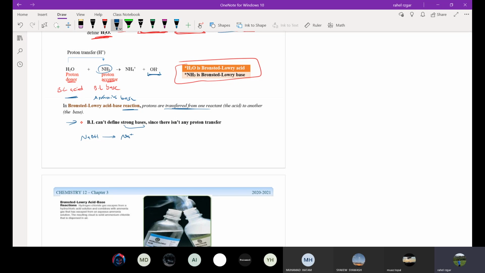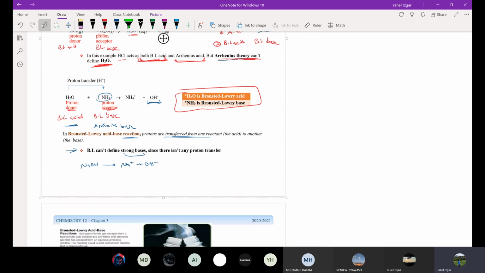It becomes Na and OH. Is there any transfer of proton between anything? No. Like this one, Ca(OH)2 becomes Ca and 2OH in this case.